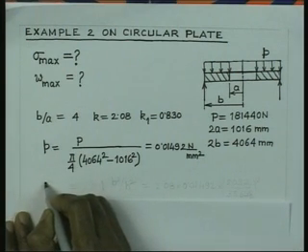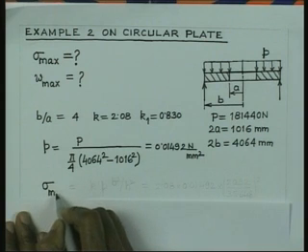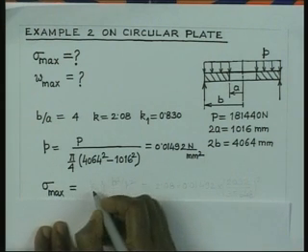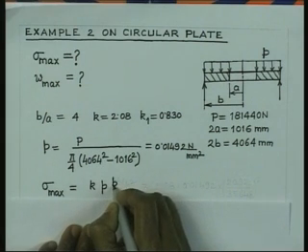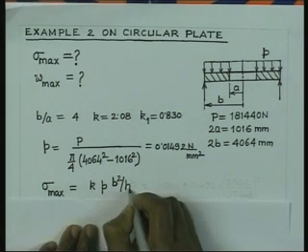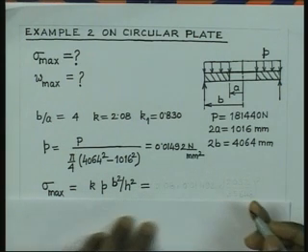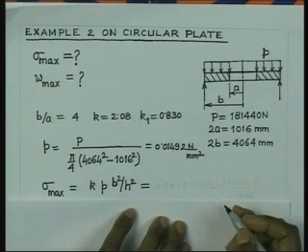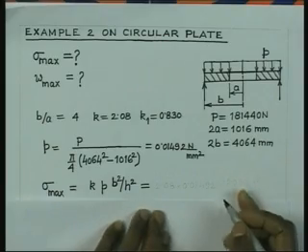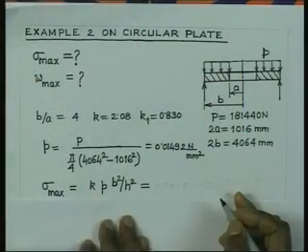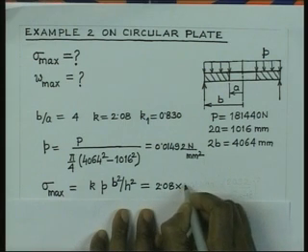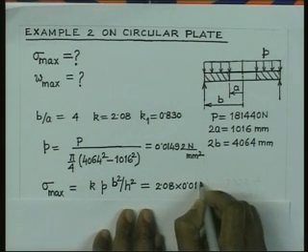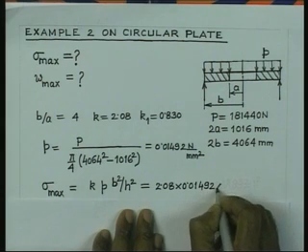The maximum stress is given by this formula, small k into P B square by H square. So, here H is nothing but 35.65 that we have got in the earlier case. So, that we have to make use of, and we have to calculate this maximum stress. So, therefore, this is equal to 2.08 into 0.01492.